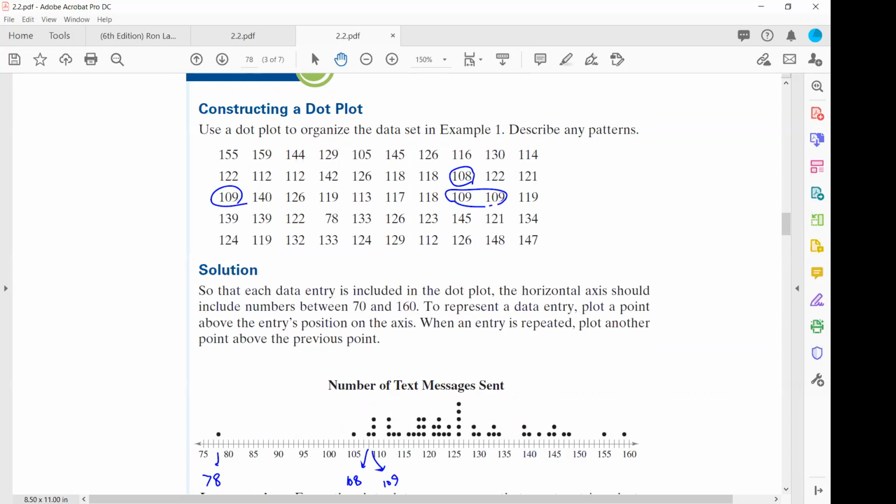So far we talked about the stem and leaf plot. This is the dot plot.